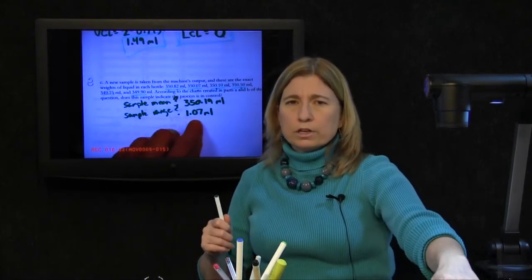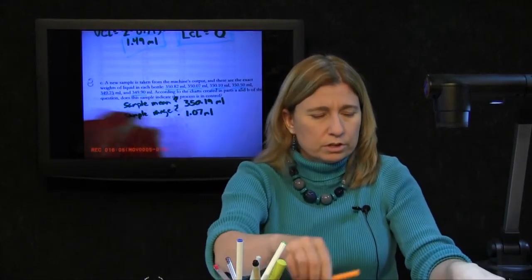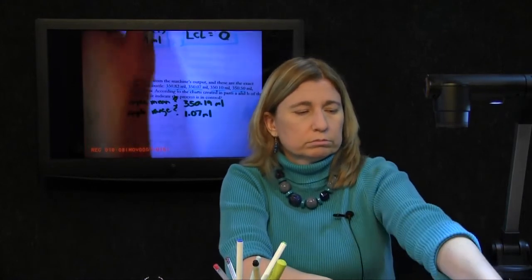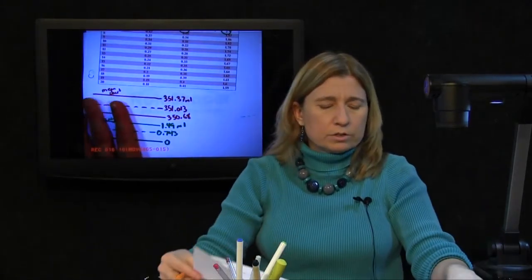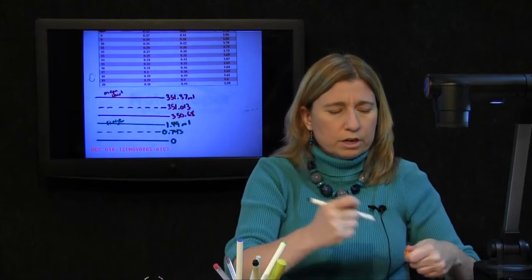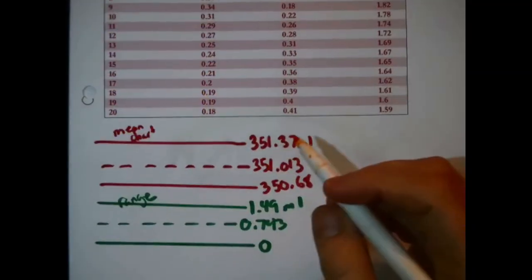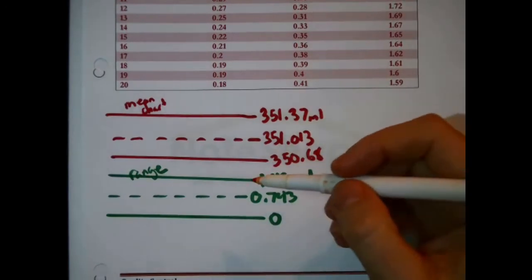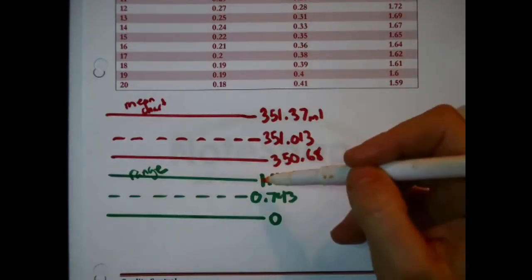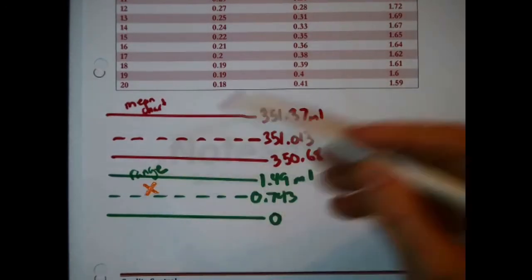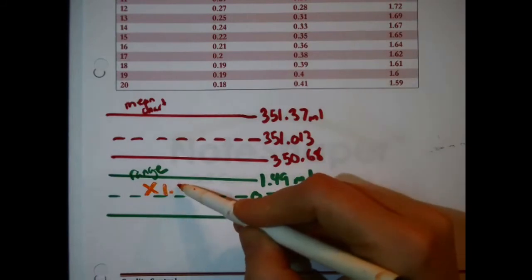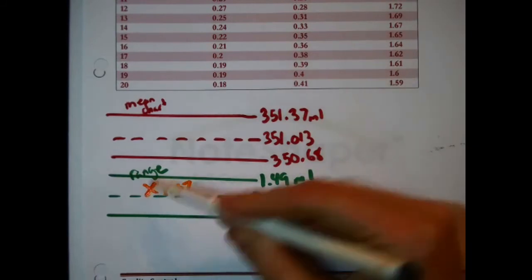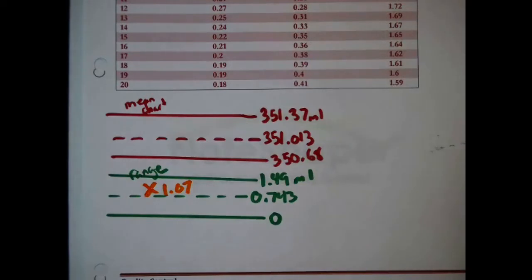We want to take these values and mark them. For instance, the sample range is 1.07 milliliters. If you were to mark it on this table, it would be somewhere in here. Okay, 1.07. That's our sample, and it's inside the limit, so that's not raising any alarm with me.